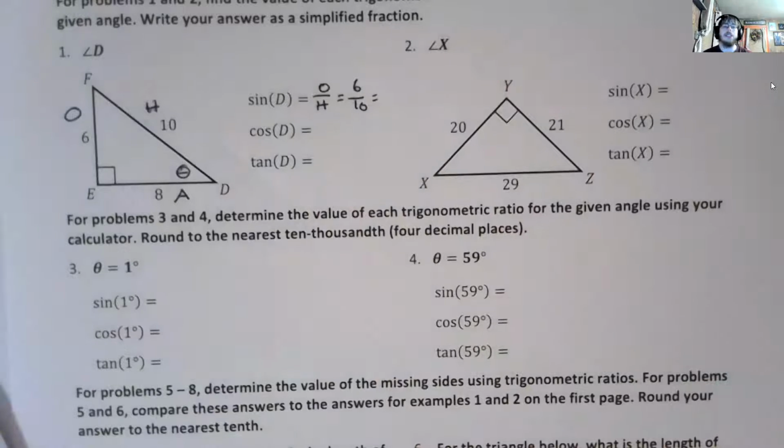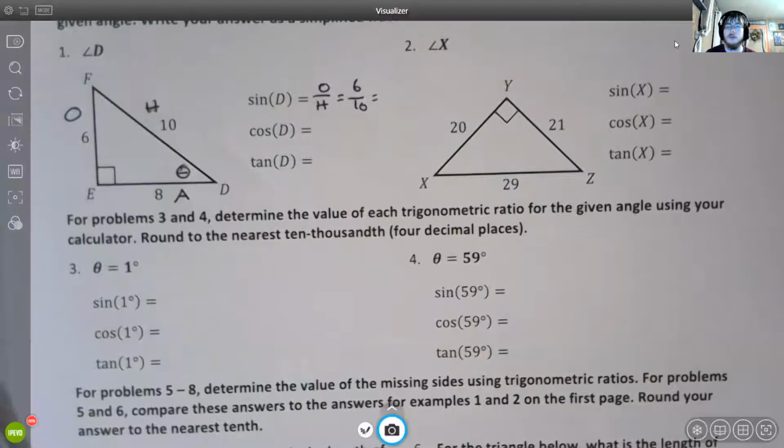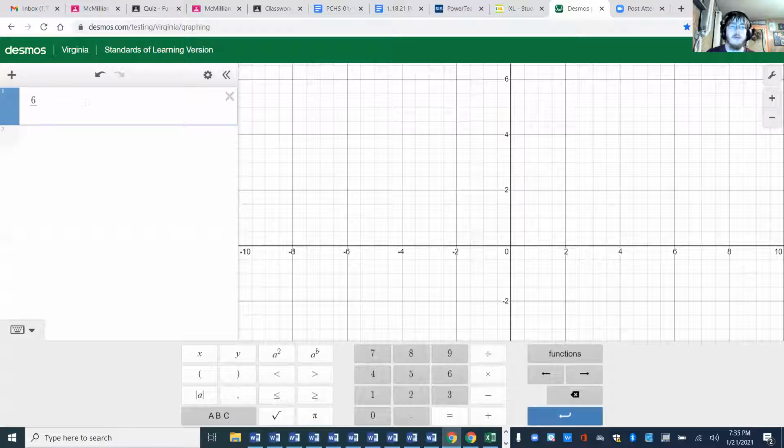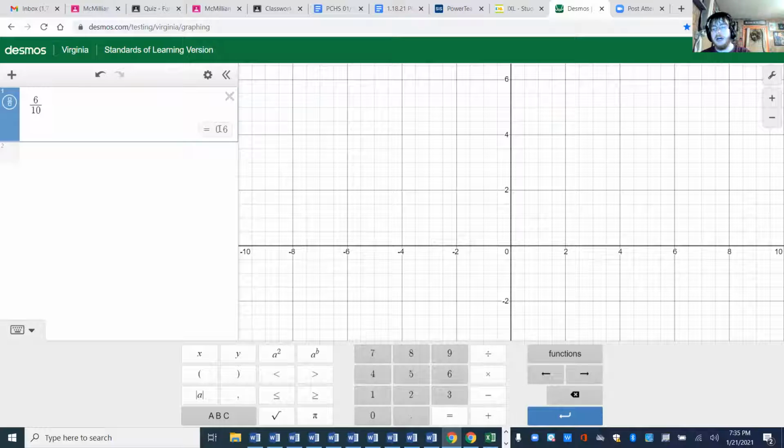Now it wants our answer as a simplified fraction. So what you can do is go into Desmos and type in 6 divided by 10. It's going to give you the decimal 0.6. Now, we want it in the most simplified version.